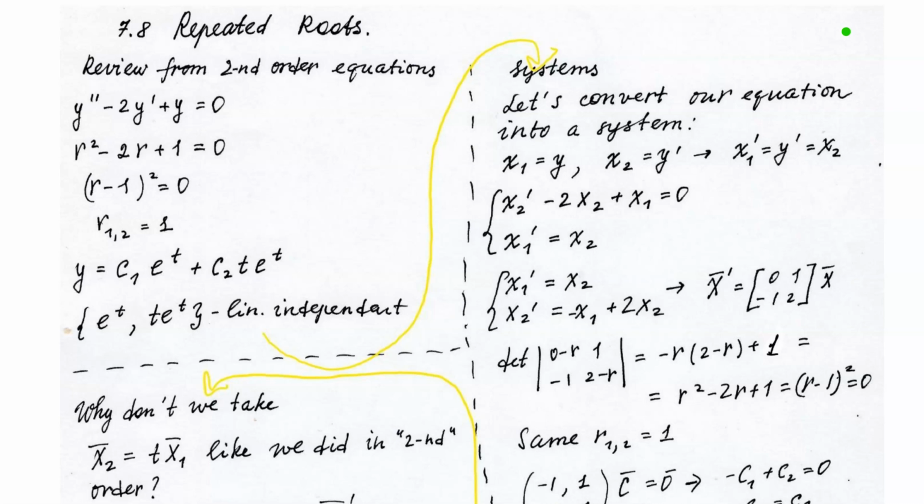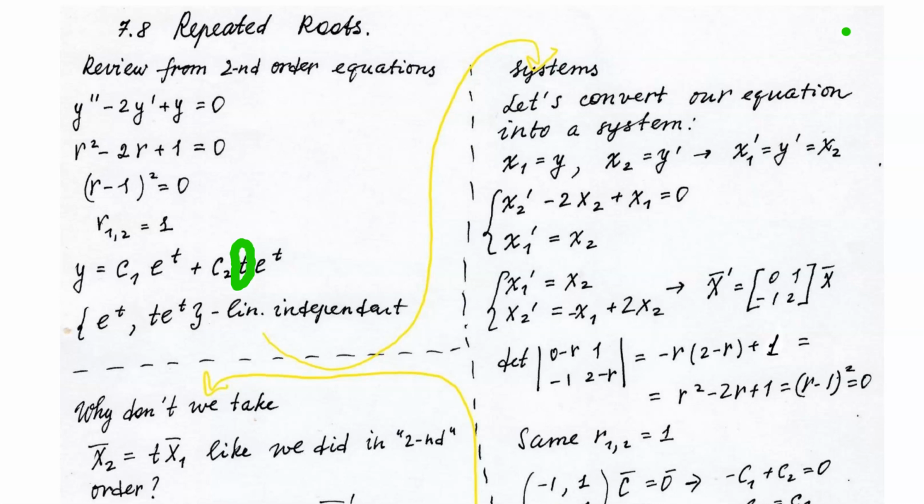So we multiply our function by t to find a linearly independent solution. Because it's a second order equation, we need two linearly independent solutions: one is the standard exponential solution produced by the characteristic equation, and the other is the solution multiplied by t. So what is going to happen with systems?